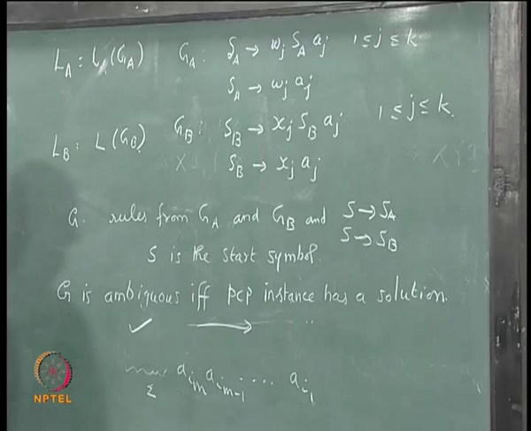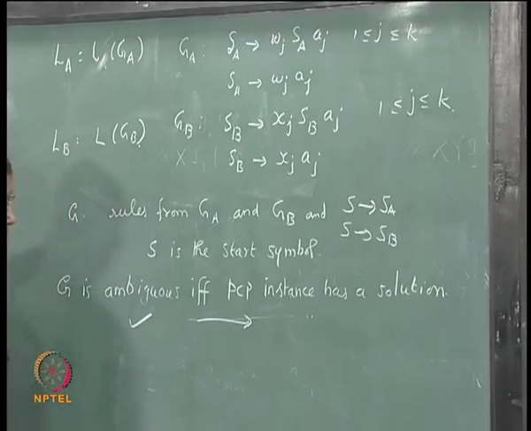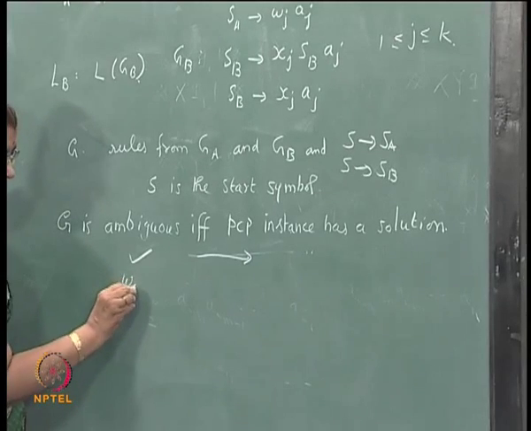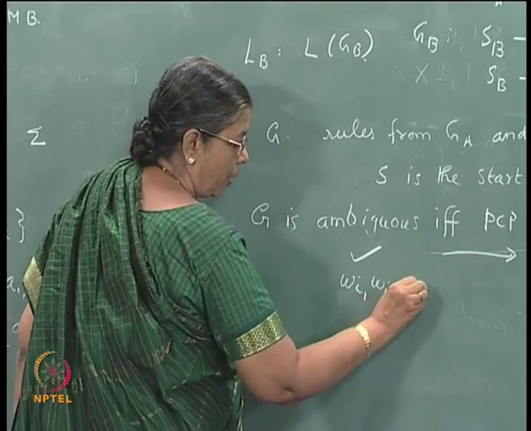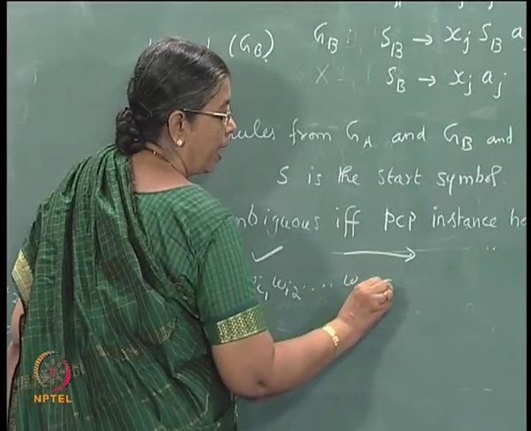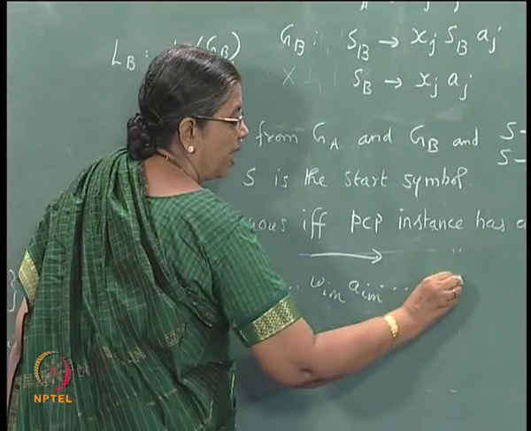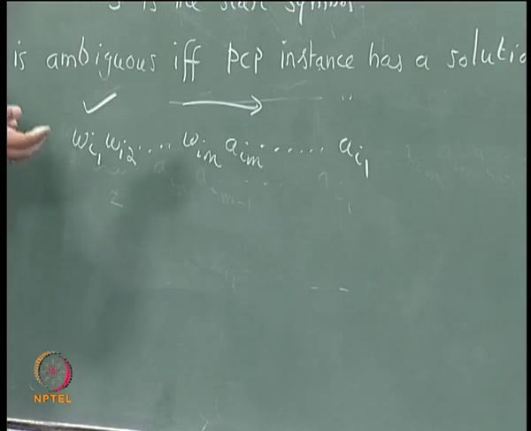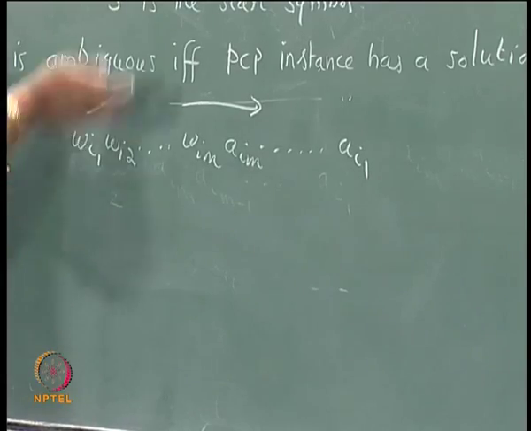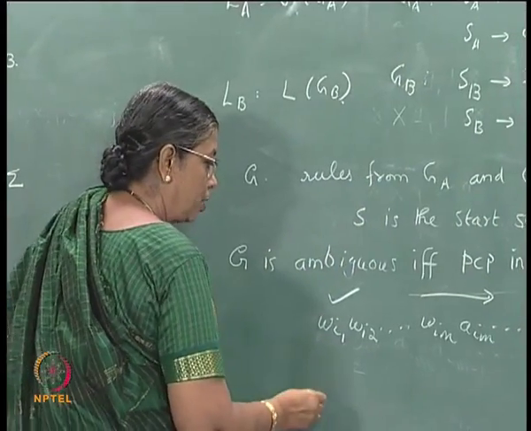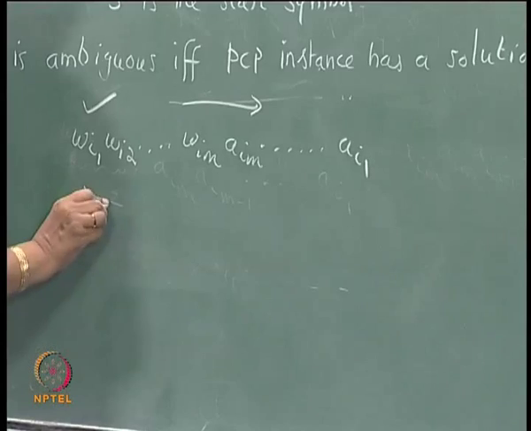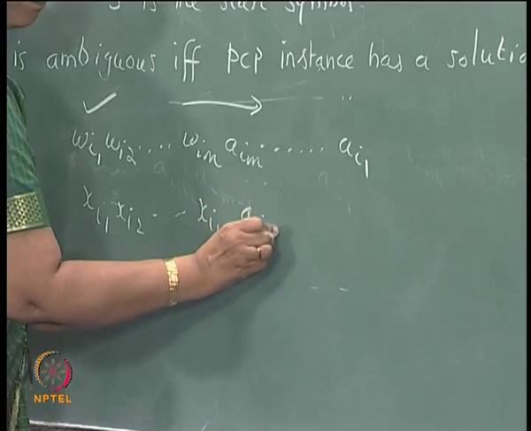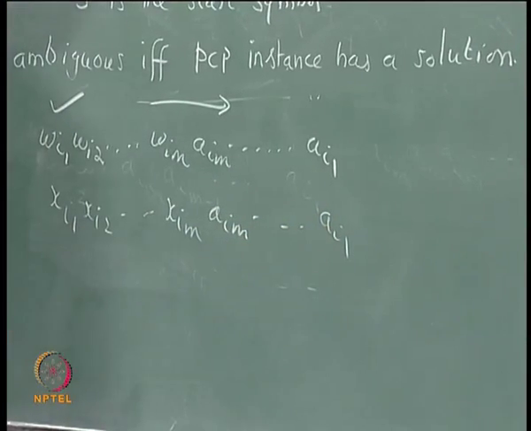So, if the given grammar G is ambiguous and the string W_i1, W_i2, ..., W_im, A_im, ..., A_i1 is generated, there should be one derivation from G_A, and another derivation X_i1, X_i2, ..., X_im, A_im, ..., A_i1 in G_B.